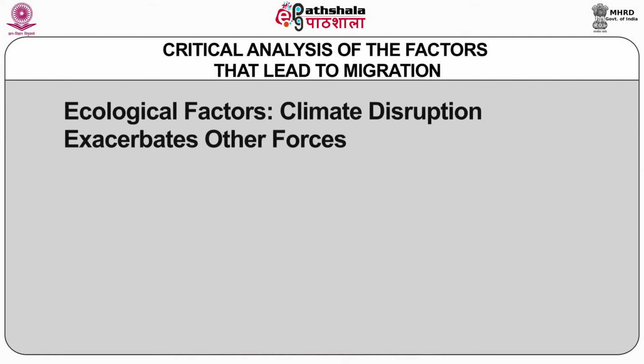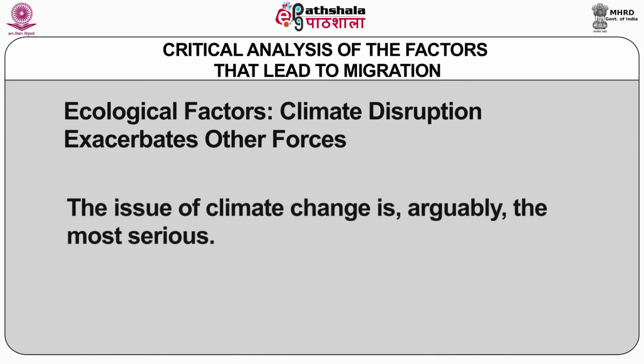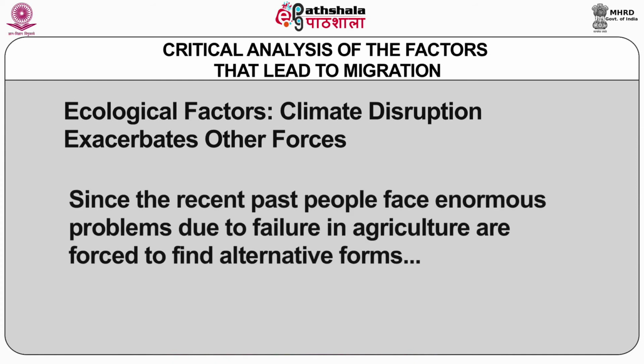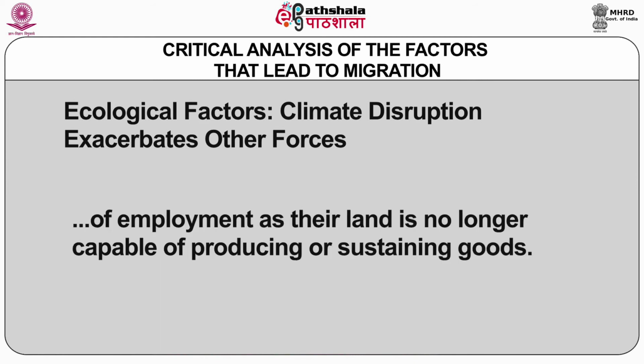Now let's look at the ecological factors behind migration. Climate disruption exacerbates other forces. The issue of climate change is arguably the most serious. Since the recent past, people face enormous problems due to failure in agriculture and are forced to find alternative forms of employment as the land is no longer capable of producing or sustaining goods.